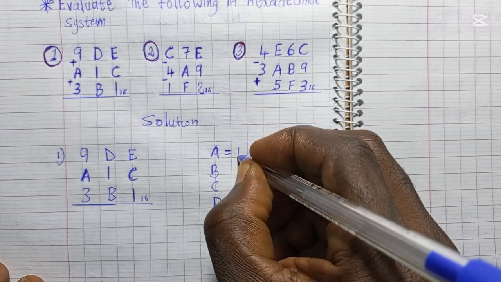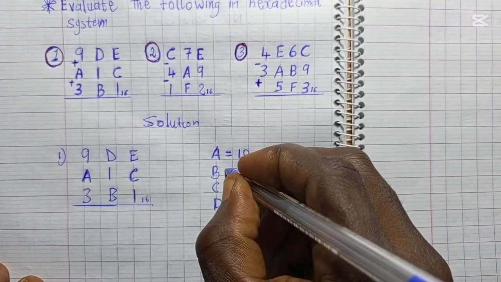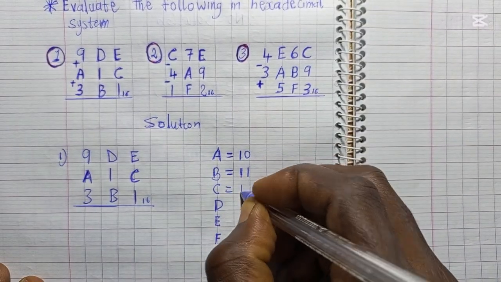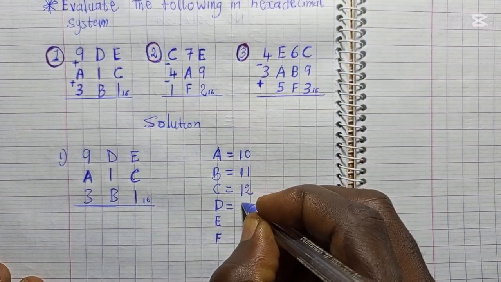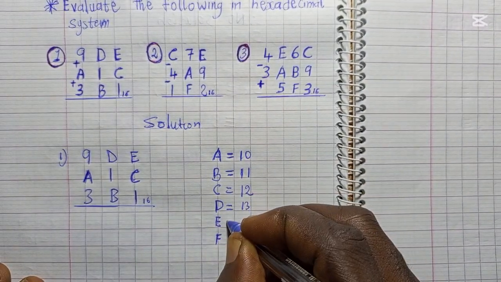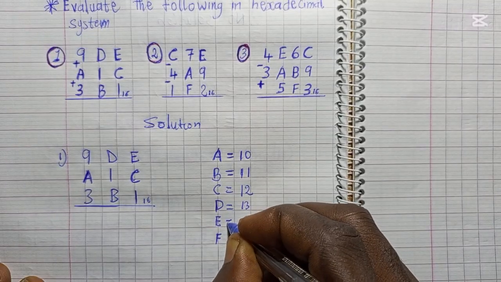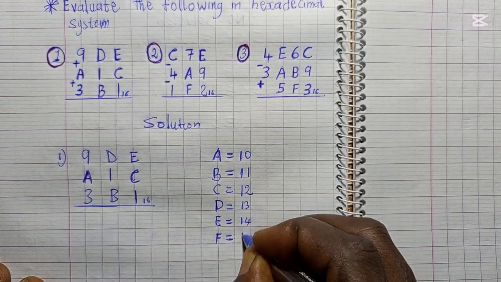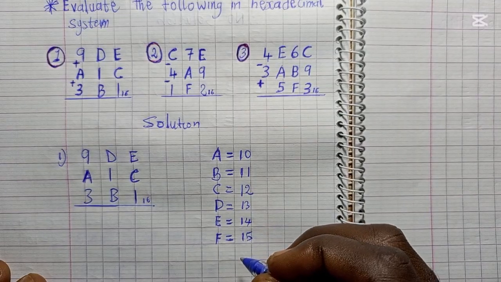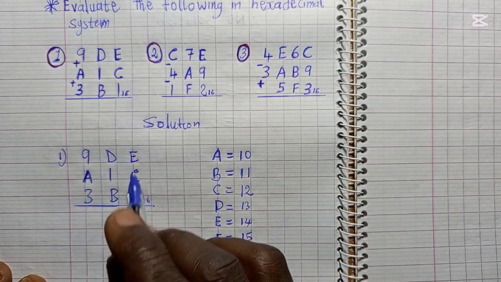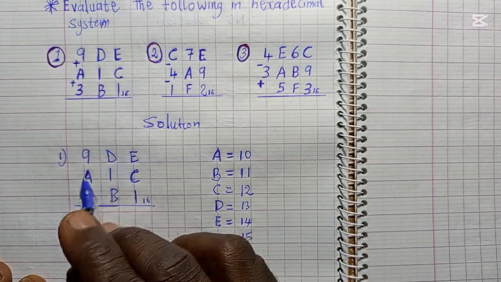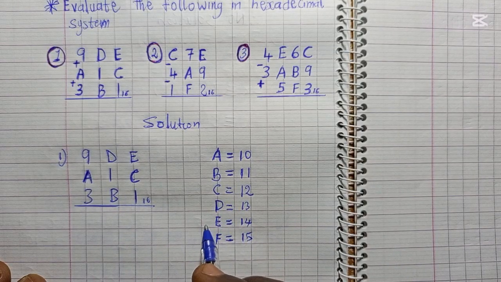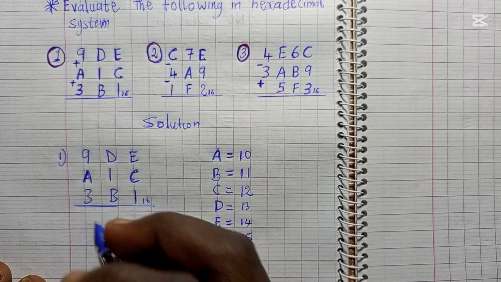A is equivalent to 10, B is equivalent to 11, C is 12, D is 13, E is 14, and then F is 15. So these letters you are seeing here, this is what they actually represent. So let's go ahead and do our calculation.